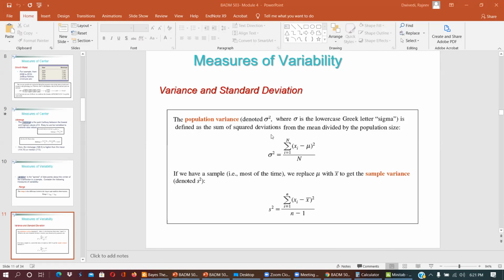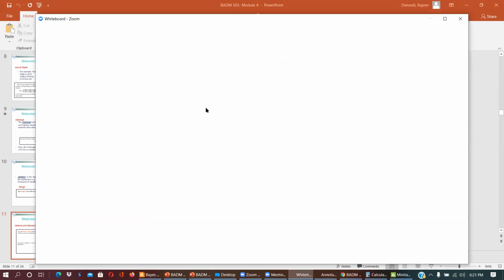Now look into what the variance is and what the standard deviation is. I'm just going to explain through a one-minute whiteboard. Okay, here we go.